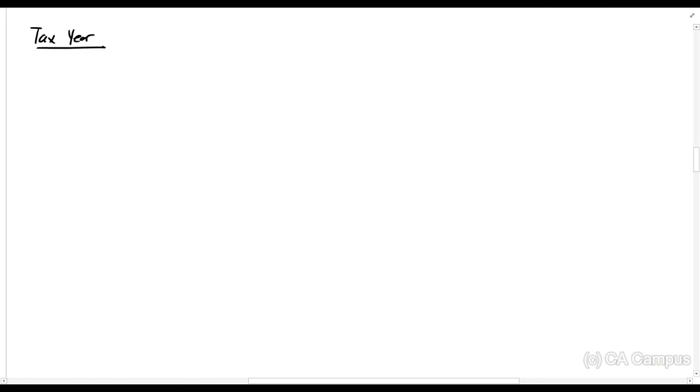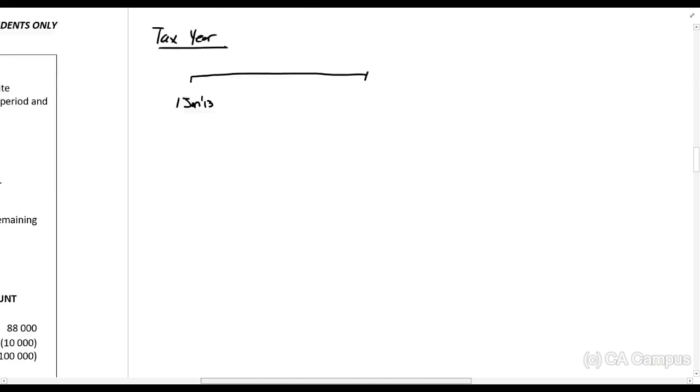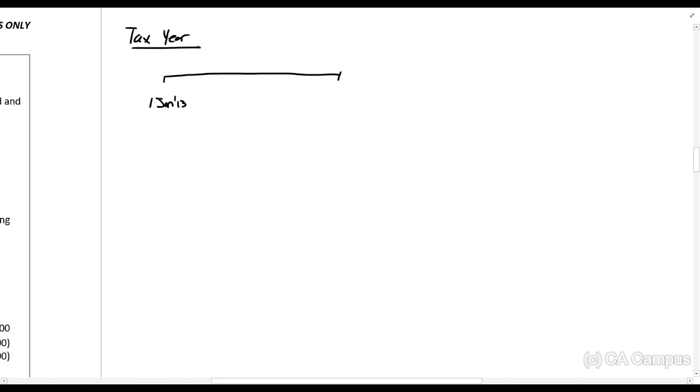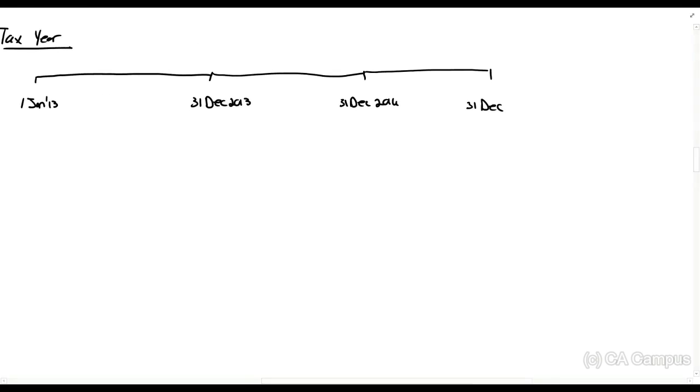So tax year 1 January 2013 to 31 December 2013, 31 December 2014, 31 December 2015, and 31 December 2016.